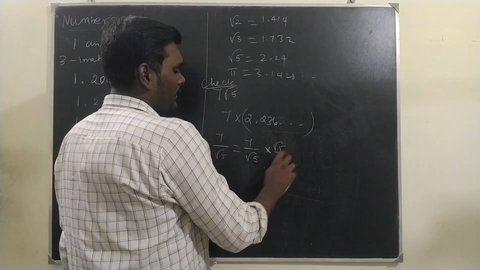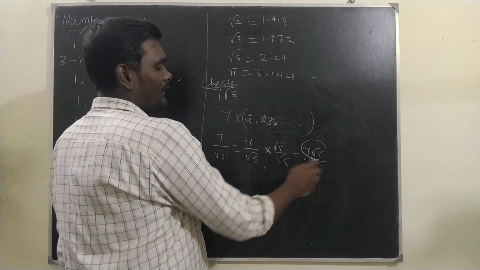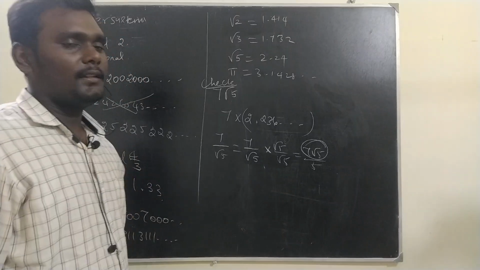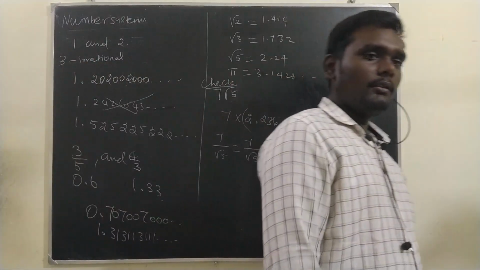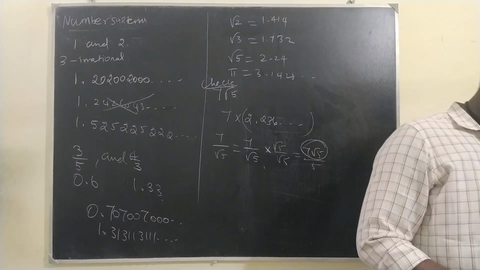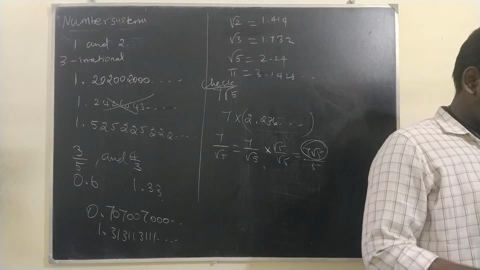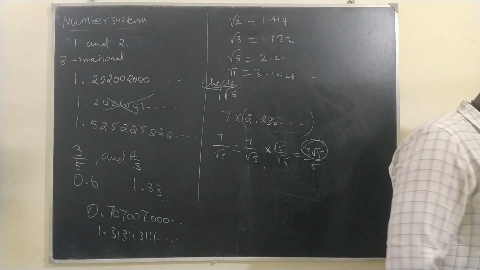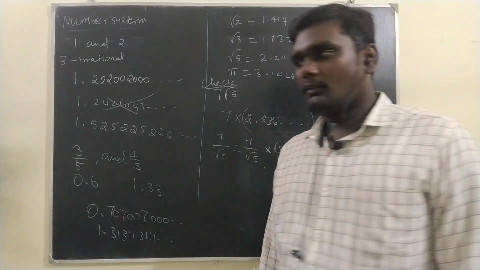So root 5 has to be multiplied: 7 root 5 by 5. As root 5 is irrational, divided by 5 it is irrational again. That is why we have to prove it. For that, these values we have to memorize, no other way. And then, a rational into a rational number, what may we get?